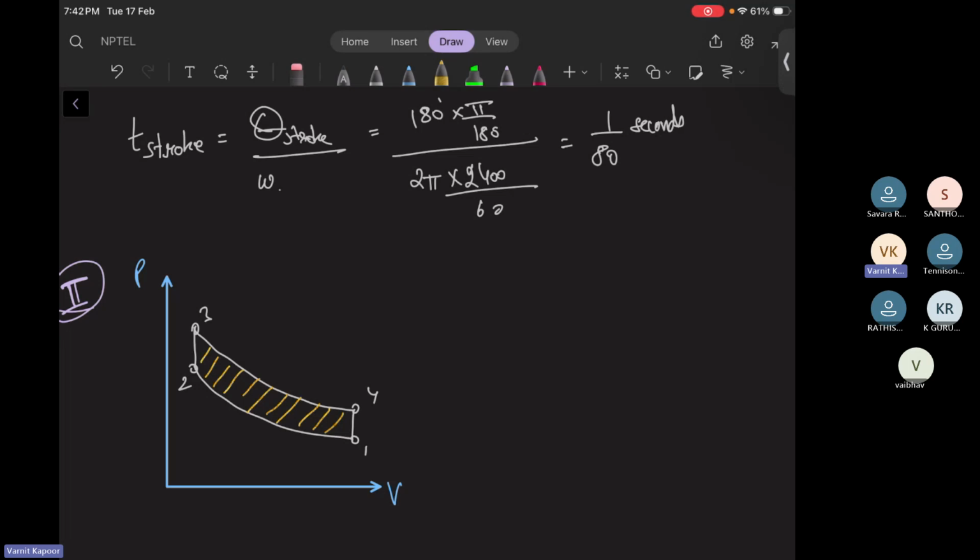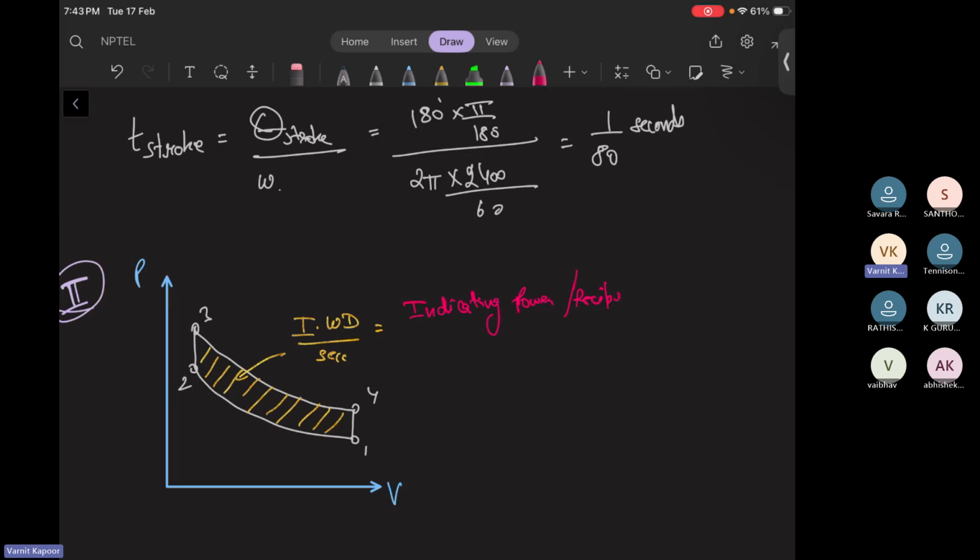So this is your indicated work done per second, called indicated power, or indicating power, or you can say reciprocating power, because this diagram is made from the reciprocating motion of the piston.